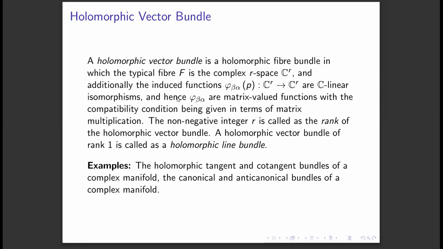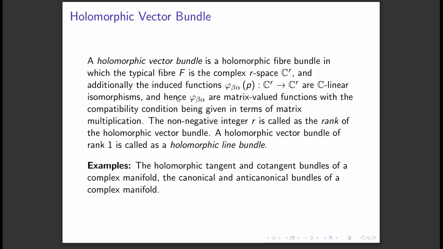The typical fiber is generally isomorphic to C^r. Once you trivialize it, then it becomes C^r with respect to some basis, right? When you say C^r, the typical fiber is C^r with the usual standard ordered basis.